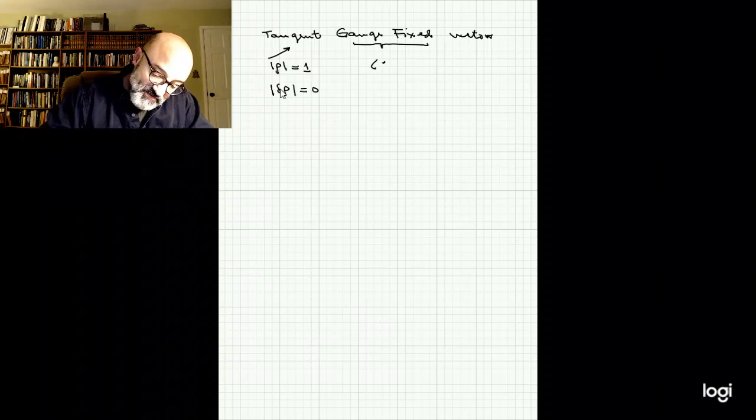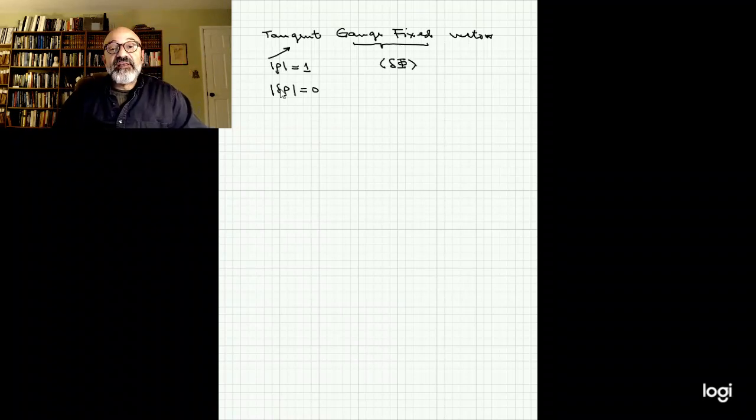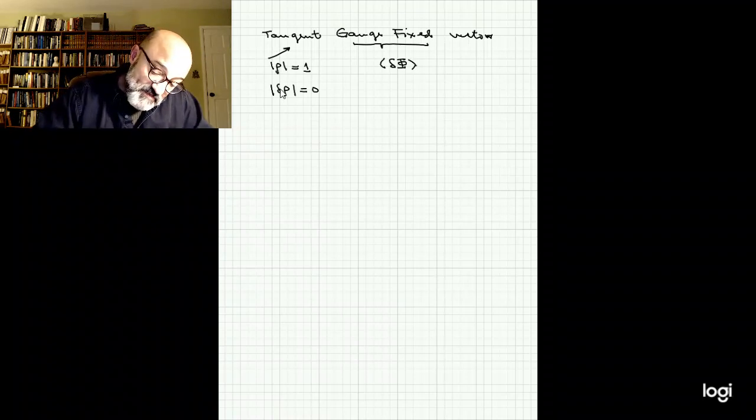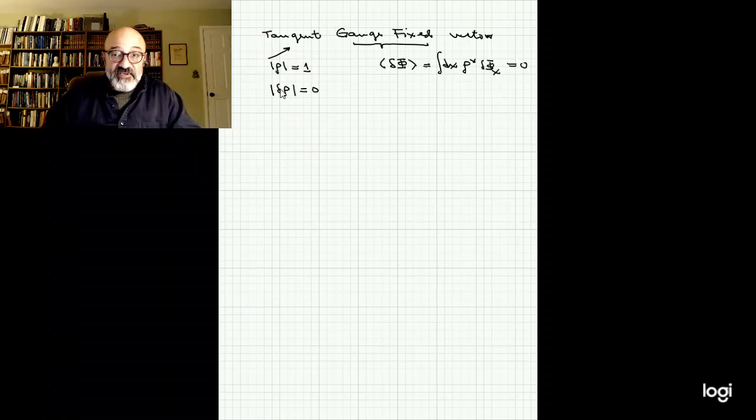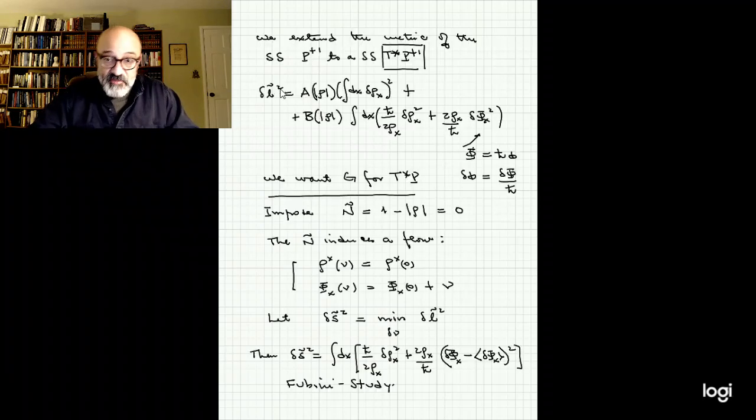And for gauge fixed, you pick the expected value of phi, which is the sum over x of rho x delta phi x, and you pick that equal to 0. And that simplifies life tremendously.